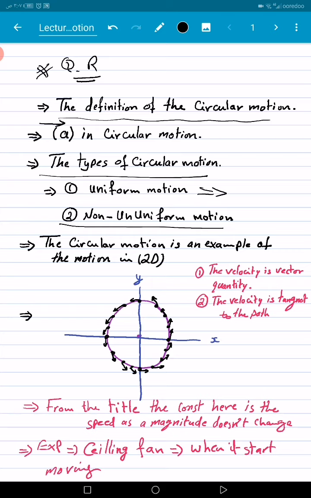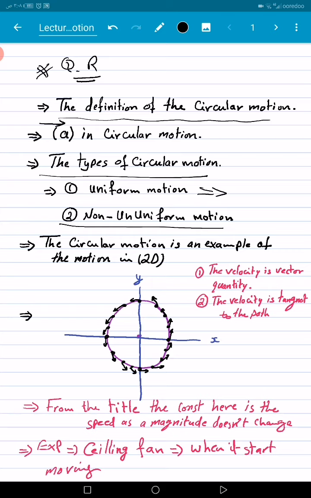Why did I discuss these things? Because now it's not linear motion, it's circular. It moves in a circle. The circle depends on the radius, so everything is with the angles, it's changing with the angles. So the position is angular position, the velocity is angular velocity, the acceleration is angular acceleration.